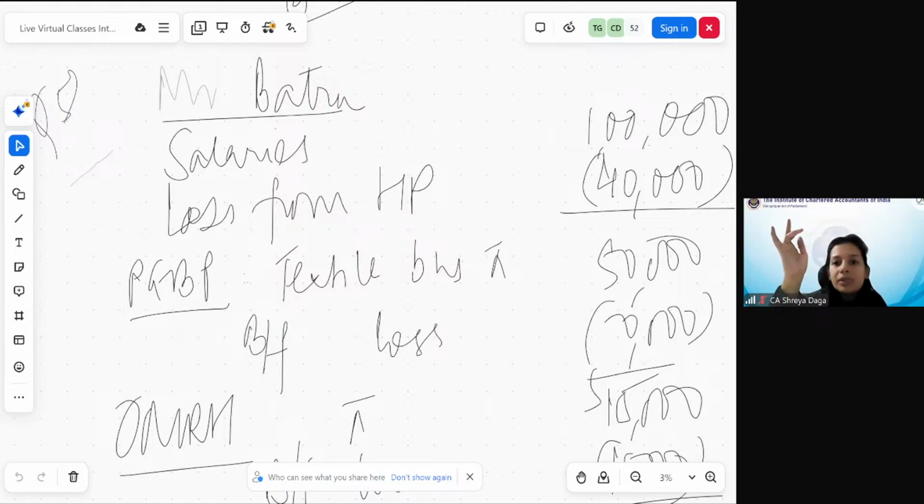It cannot go to a further year. Assessment year 17-18 plus 8 years: 2017 plus 8 is 2025. So assessment year 25-26 is the last year of its life. You cannot carry it forward to assessment year 26-27.